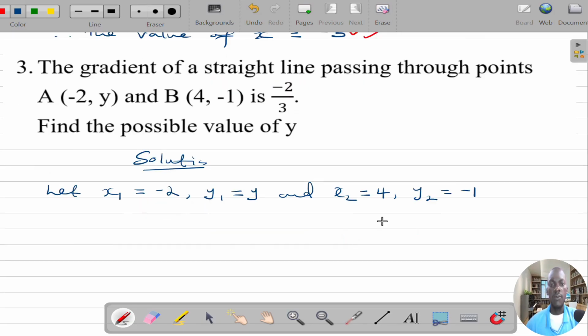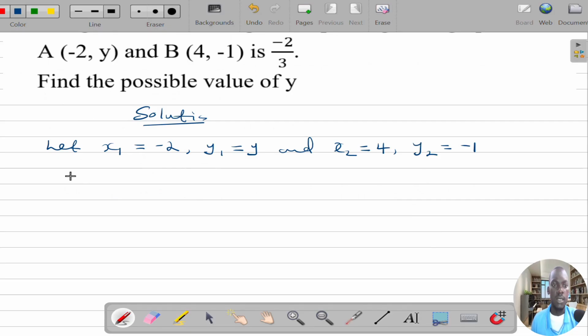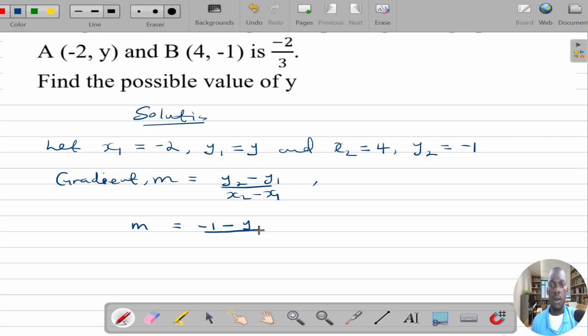Then from the formula for calculating gradient, we say that gradient m is equal to y2 minus y1 divided by x2 minus x1. Then we have m equaling y2, which is -1, minus y1, which is y, divided by x2, which is 4, minus x1, which is -2.